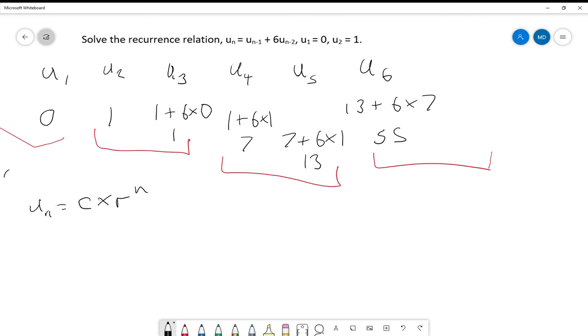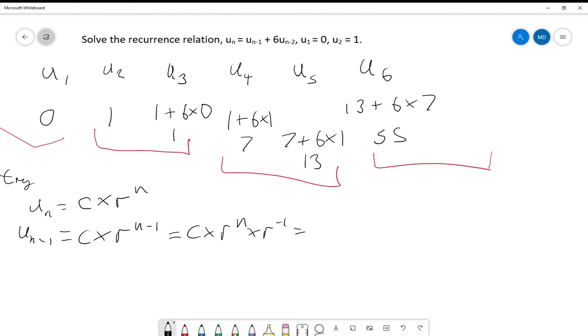So we're just going to try and see what happens if we pick un equal to c times r to the n. To plug that in, we're going to need to know what un minus 1 is going to be. Well, that's going to be c times r to the n minus 1, which is c times r to the n times r to the minus 1.